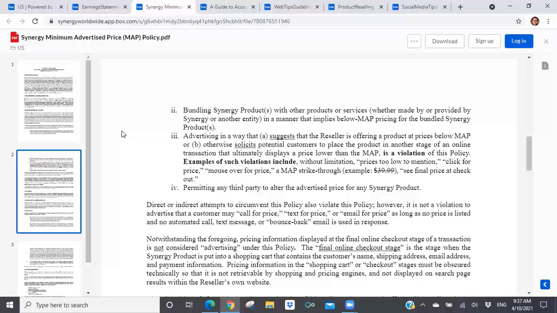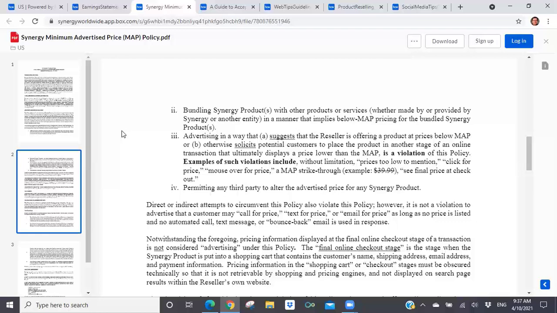It's a straight violation to go onto Amazon or eBay or any of the auction sites to sell Synergy products. But you could sell Synergy products through Facebook, because Facebook is not an auction site, or you could sell them on your own website.